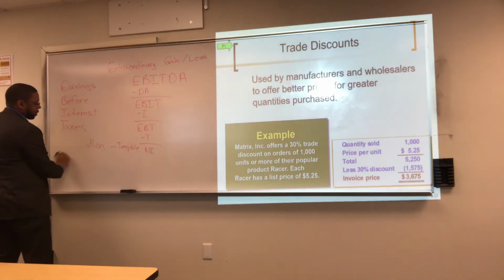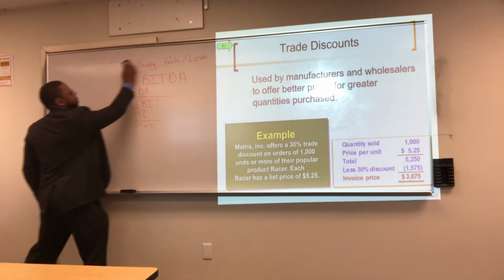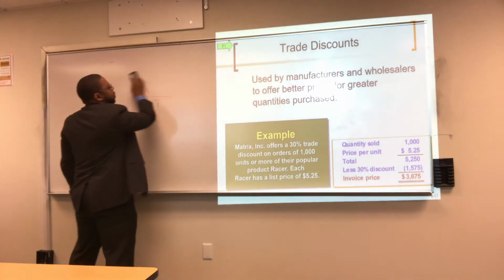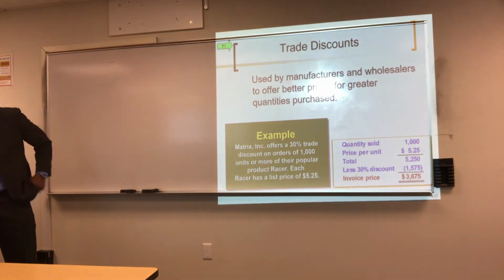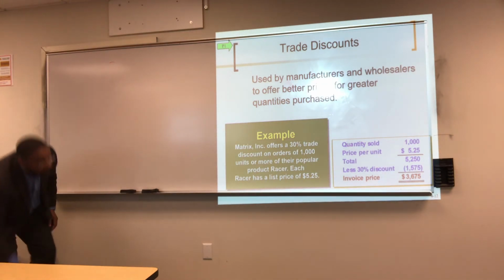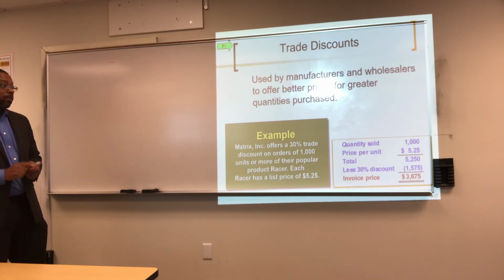Oh, one last thing about discounts. People get caught up on this, and I want to make sure that when you're doing your midterm, you don't get stuck on this. When you're taking a discount, you see it's 30%.